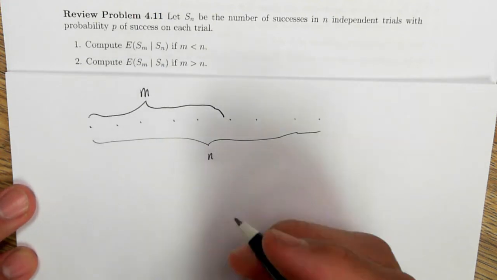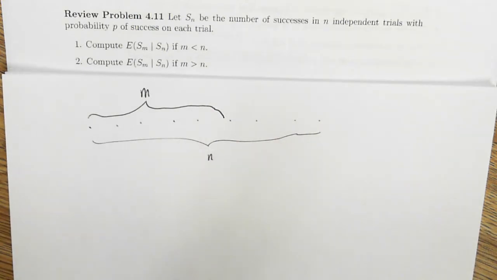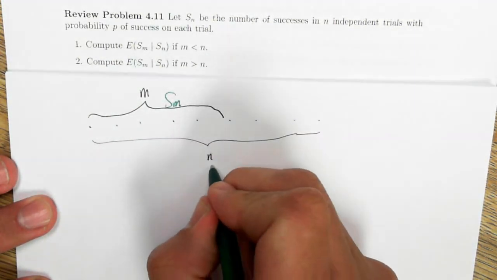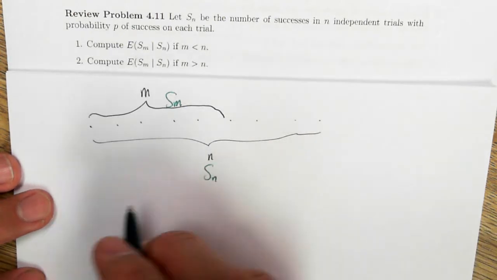Okay, so to do this, let's figure out the various distributions here. Let me define a few letters. S sub m will be the number of successes in the first m trials. S sub n will be the number of successes in all n trials.